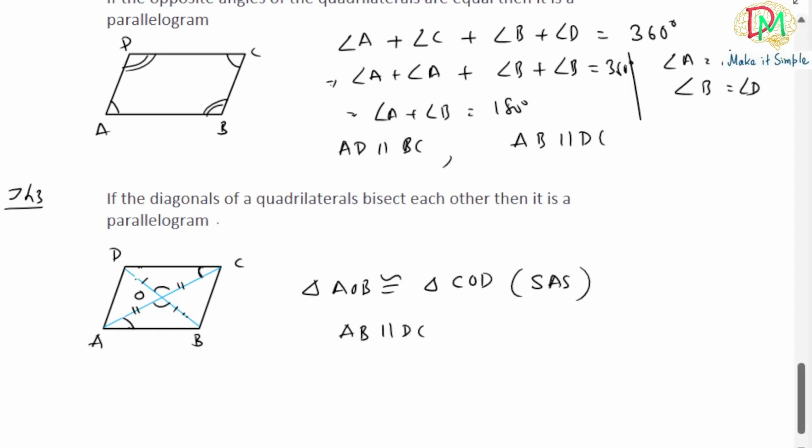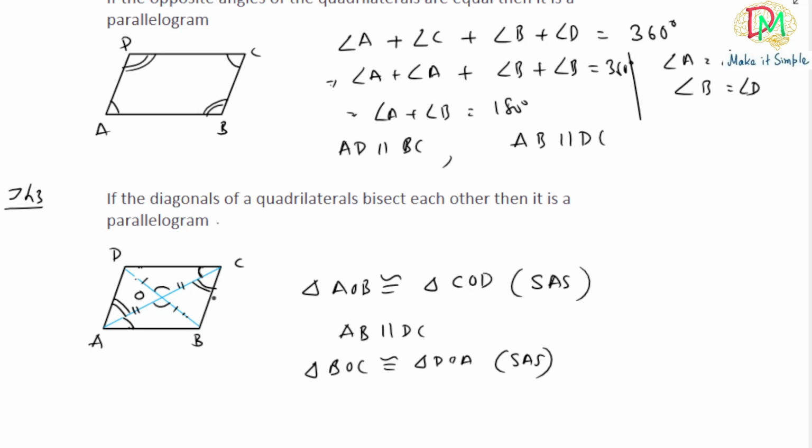Similarly, we can prove that triangle BOC congruent to triangle DOA. Again, it is SAS criterion. Why? These two sides are equal to these two sides, and this is vertically opposite angle. From here, the CPCT, we can say that this angle equal to this angle.